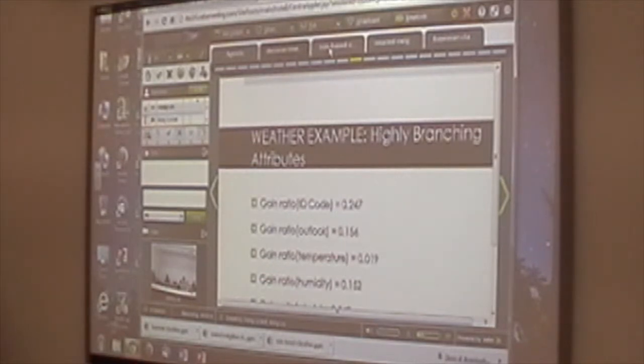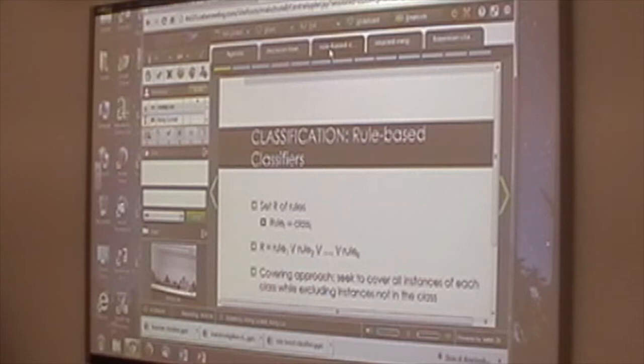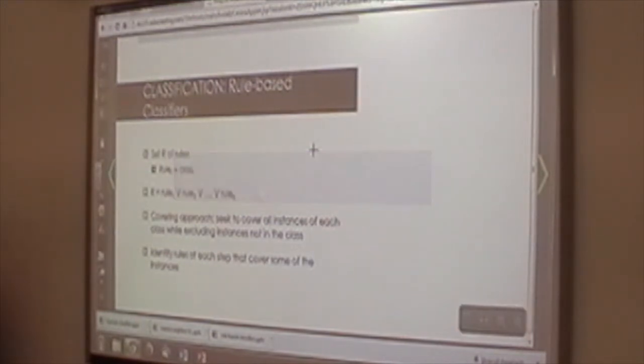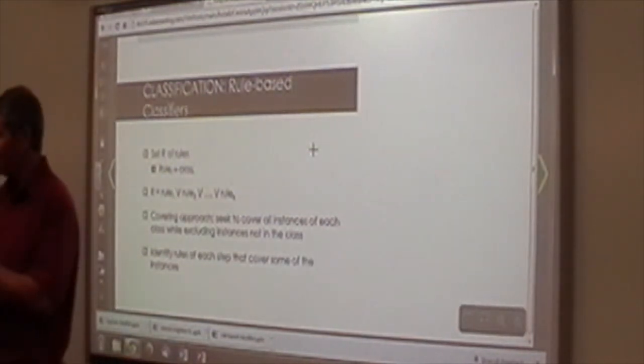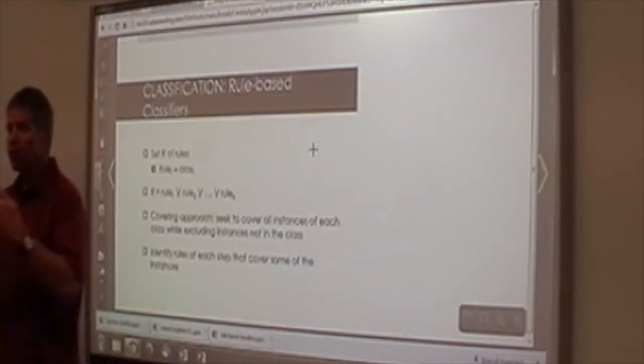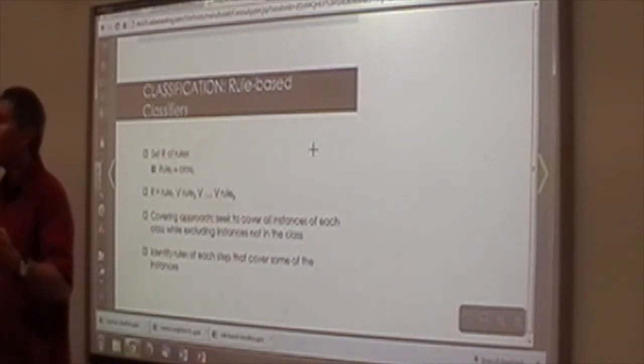Okay, so then what I'd like to do next is move on. We talked pretty much the last couple of times about decision trees, and then we discussed model overfitting. This time we're going to continue with classification, but decision trees are not the only approach to classifying, and we're going to begin looking at some other approaches.